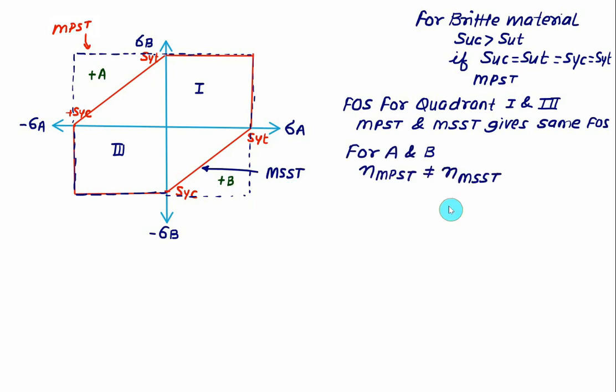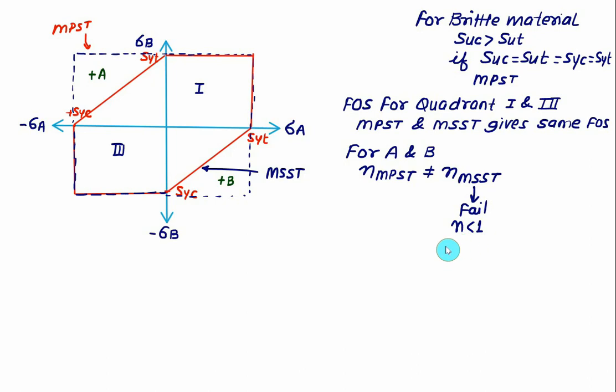That is, if you consider the two points in quadrant 2 and quadrant 4, point A and point B, the factor of safety using MPST and using MSST will be different. It will fail according to MSST, which means the factor of safety for MSST will be less than 1.